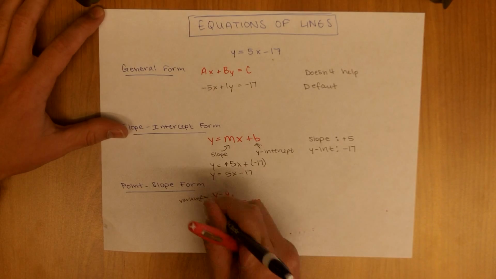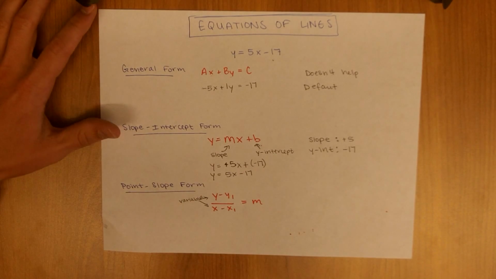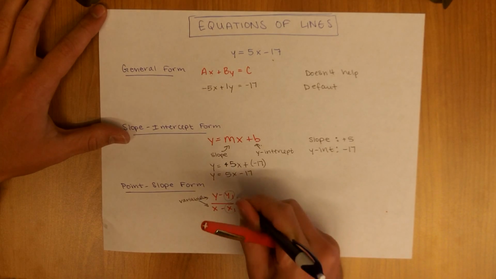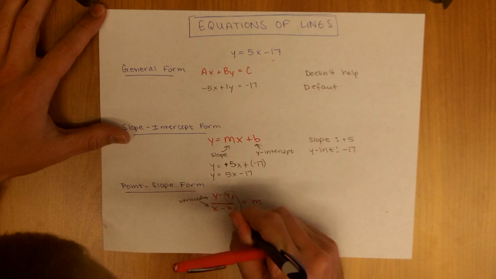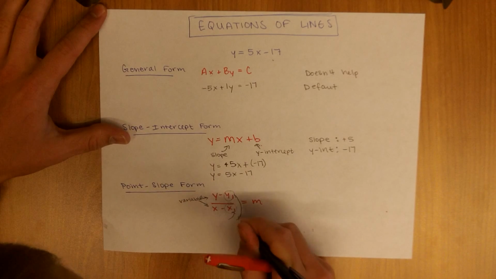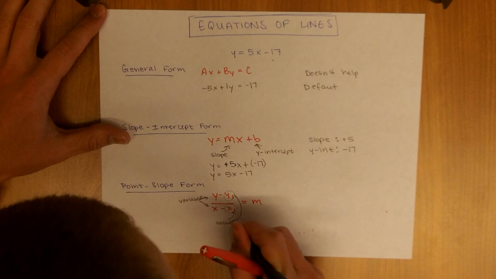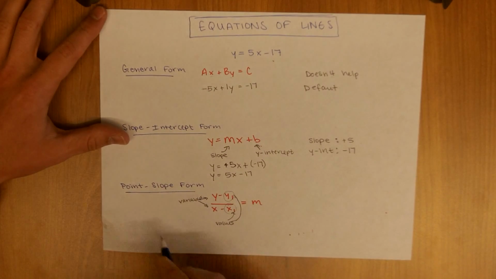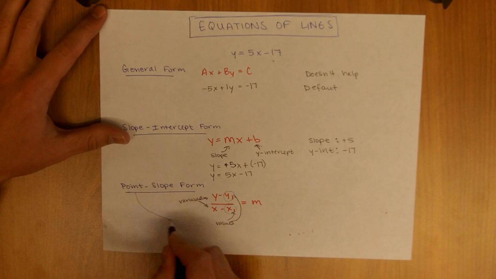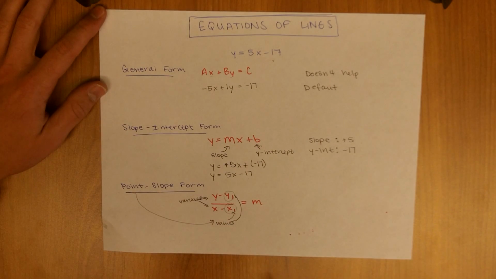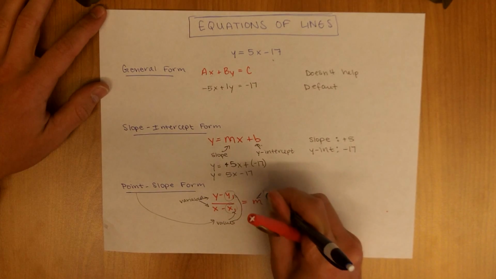They are going to stay x's and y's. However, these two, I'm going to draw a little arrow down here. These two are actually numbers. They're values. They're actually the point part of this. And then m, just like in our slope-intercept form, m, that's the slope.